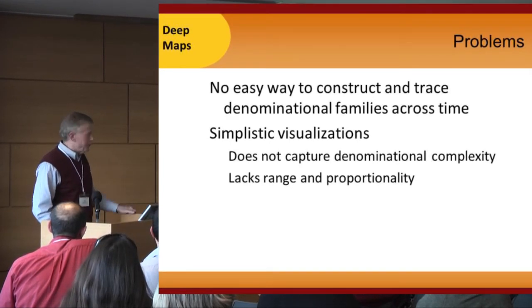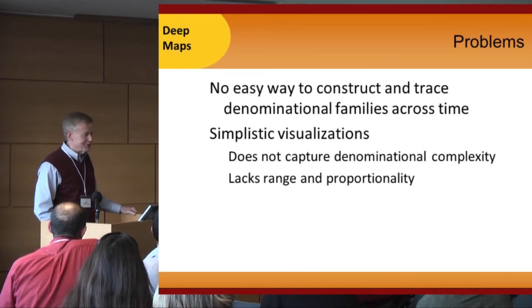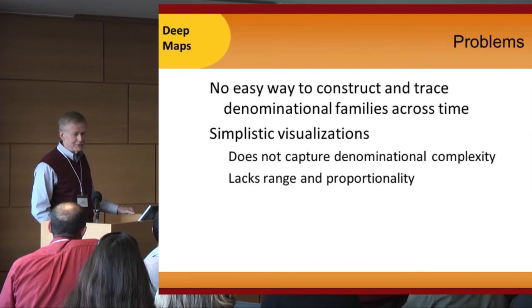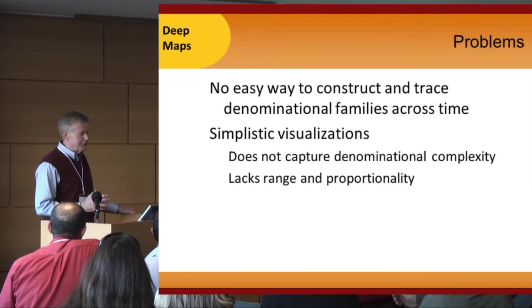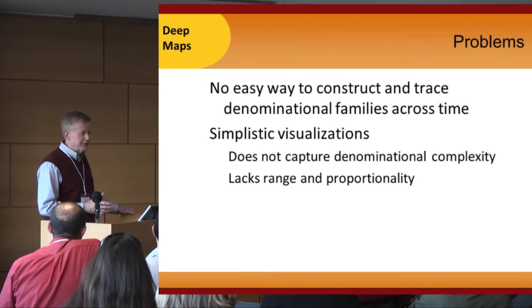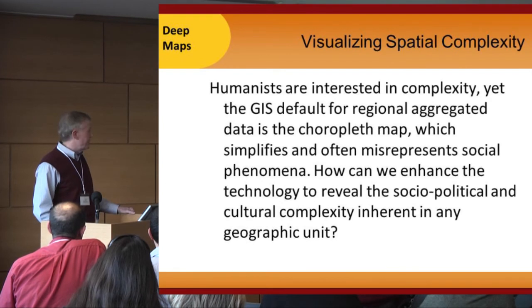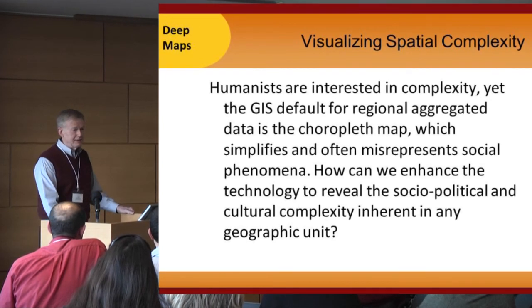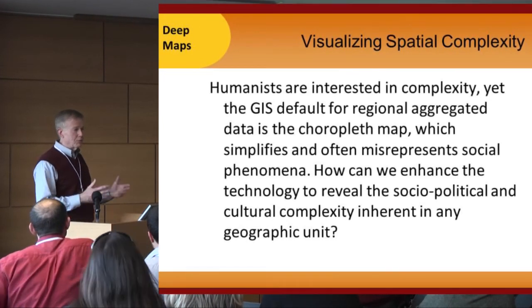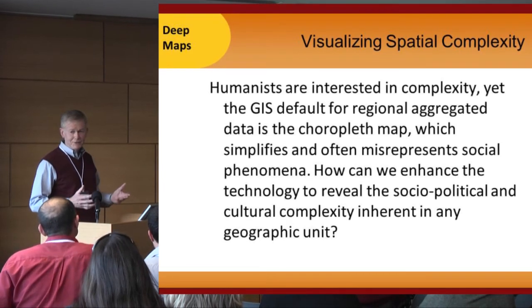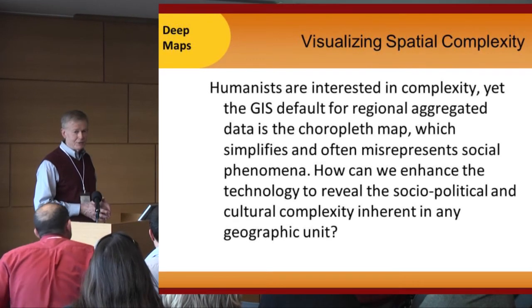And then we found also that there were some simplistic visualizations. What you noticed here is simply choropleth mapping. Ian talked about that this morning. It's the dominant way in which GIS maps data from administrative units such as counties, and all it will show you then is the dominant denomination for the county. And it doesn't say anything about the other religious bodies that exist in that particular geographic unit.